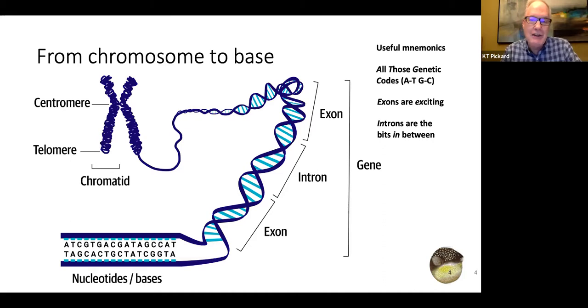But what we come to after you've looked at the 23 chromosomes that make up the human genome, the 22 chromosomes of the autosome, and the last chromosome being the sex chromosome, what you end up with is one of these things here, which is a chromosome 1 of 23. And this slide unpacks that from chromosome all the way down to base. So for those folks who haven't seen too much about genomics, I thought I'd start here.